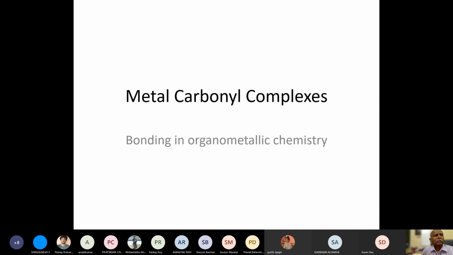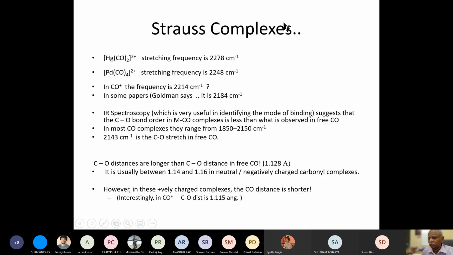Okay, if there are no questions, I will just show you. These are things which we discussed. And here are the 2 complexes that I initially introduced to you. What I have to emphasize is that carbon monoxide can be ionized to CO+.